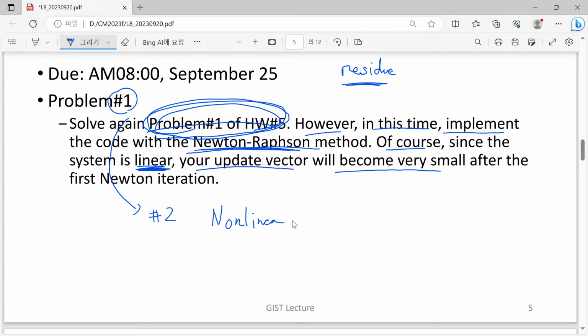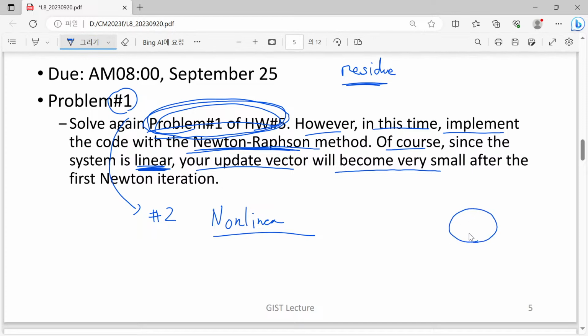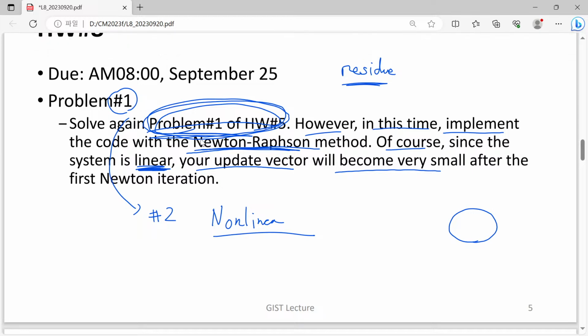So maybe directly jumping into this non-linear system would be too difficult for most of you students in this classroom. So instead of that, I just wanted to give you an intermediate step. You have already solved this problem, so it is easy to solve, and you have a concrete example and reference data. So please make your own code with the Newton-Raphson method. Okay, so are you confident that you can solve this problem?